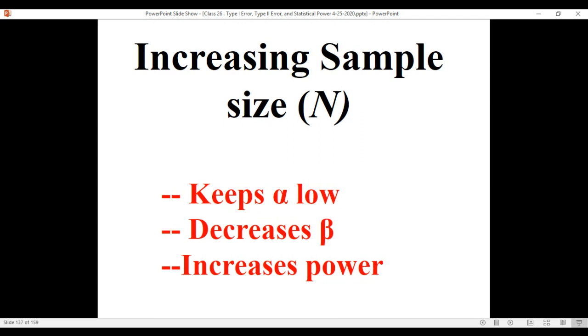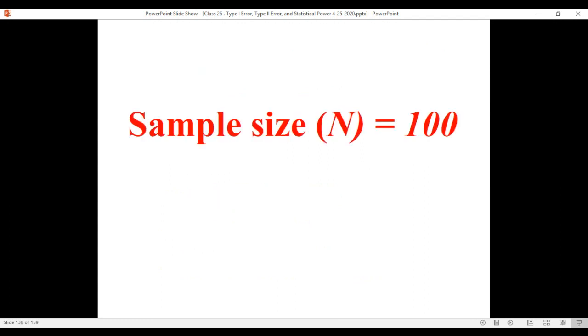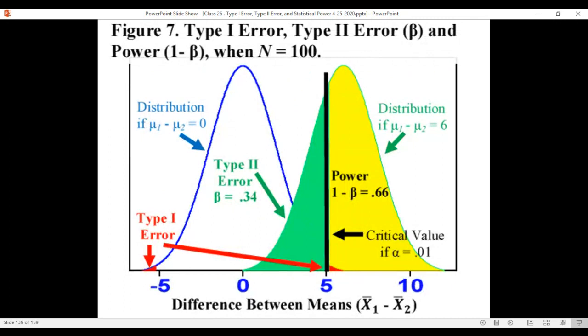Now let me show you why increasing sample size has these wonderful effects. Let's suppose the size of our samples is 100. The sampling distributions look like this, right? On the left, sampling distribution when null hypothesis is true.